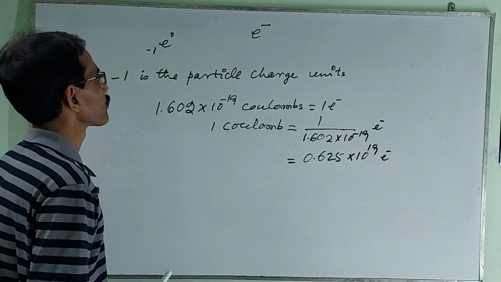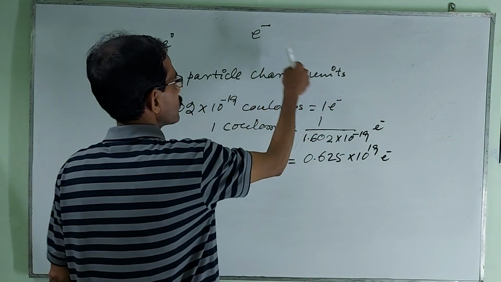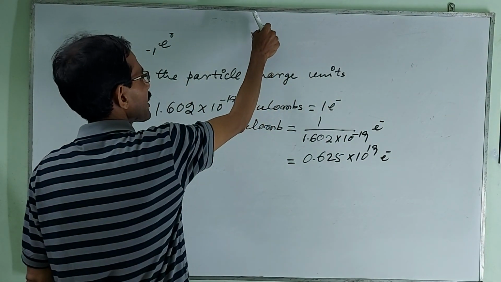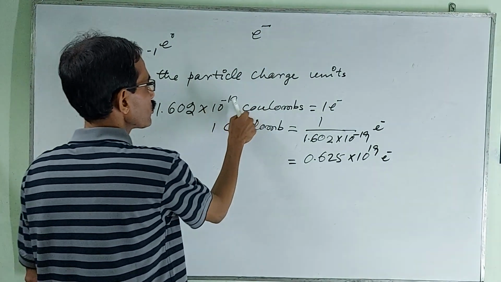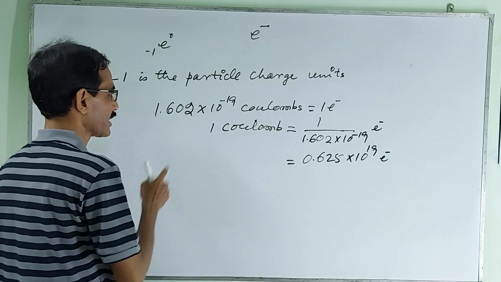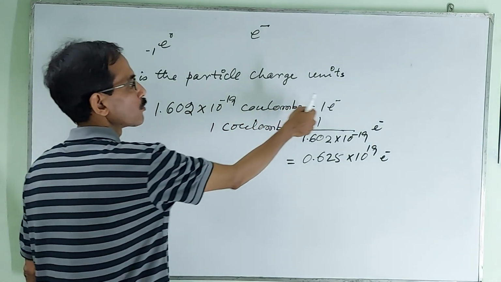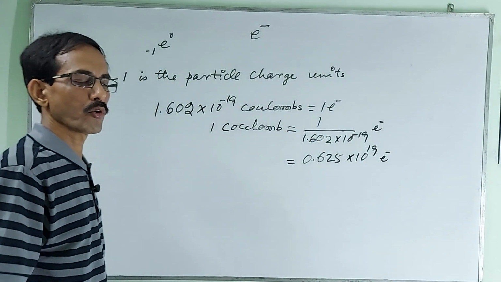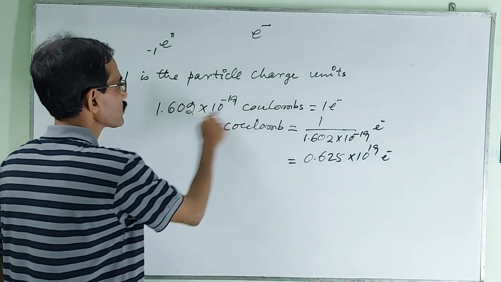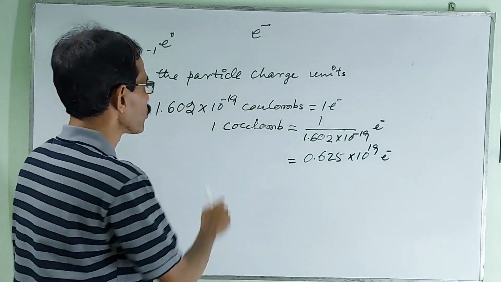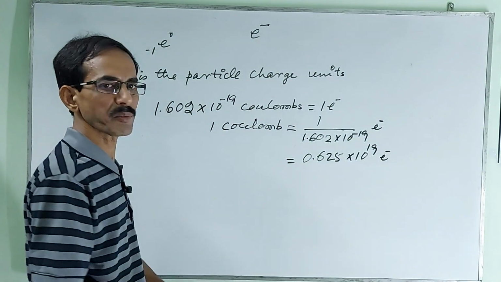So let's see. -1 is the particle charge units of the electron that we have assigned to this negative charge, and this is the magnitude of charge on the electron. That means 1.602 into 10 to the inverse 19 coulombs is equal to 1 electron. When 1 coulomb charge is passed through the conductor, how many electrons have been passed?